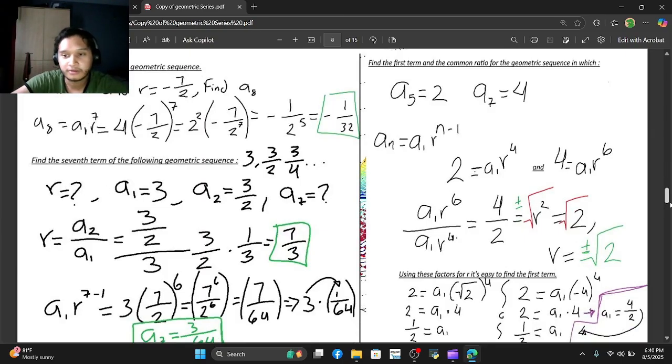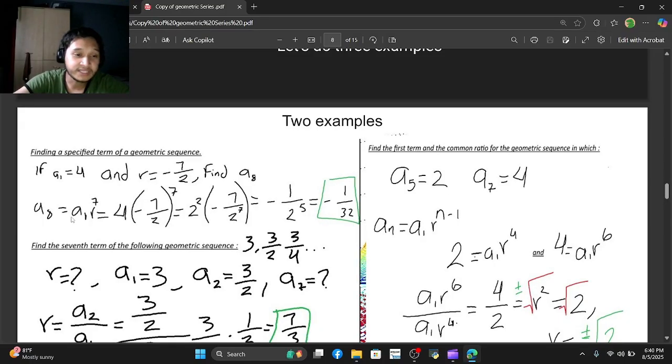That's why I wrote 7 here. We take the first term, which thank God we know. It's 4. So 4 times the ratio, minus 1/2, to the power of 7.